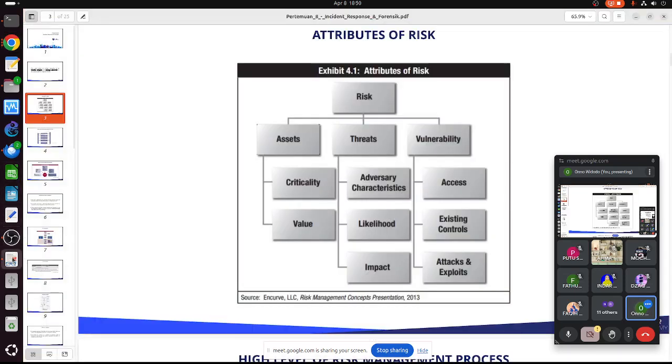I will describe what this is. So the likelihood, you can read the likelihood from the report.